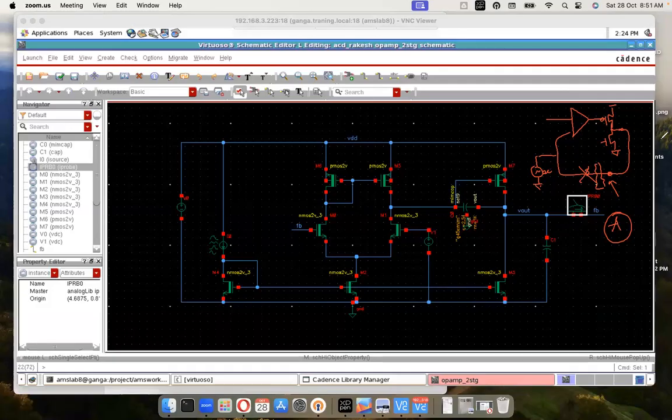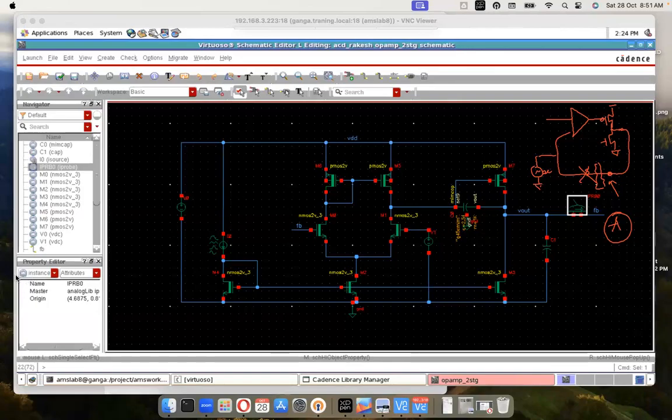DC operating point gets fixed only if there is a feedback. What I mean is that if you have to first establish a feedback, you have to set the DC operating point. Once the DC operating point is established, only then you will be able to give the AC input.